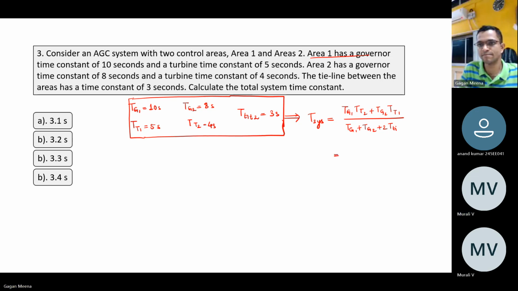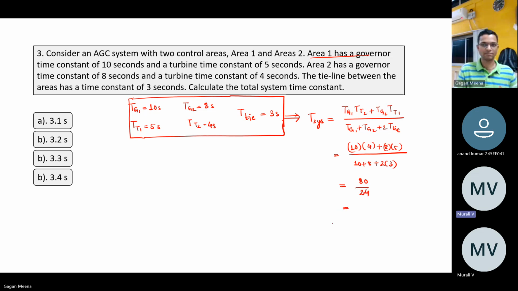Yes. G1 10. How much? 3.33 something. 3.3 seconds. Yes.